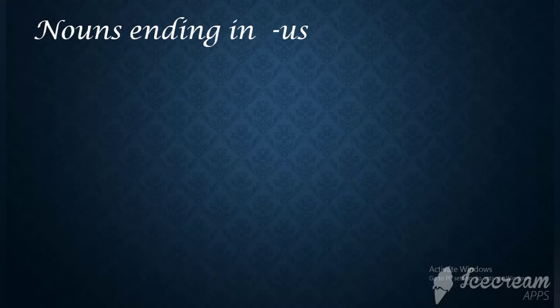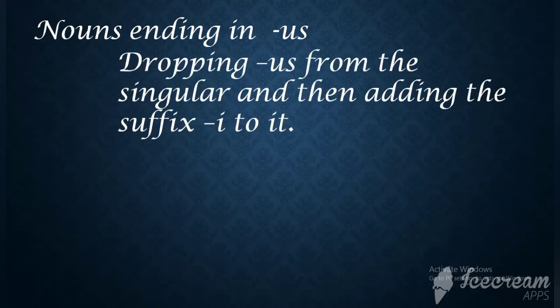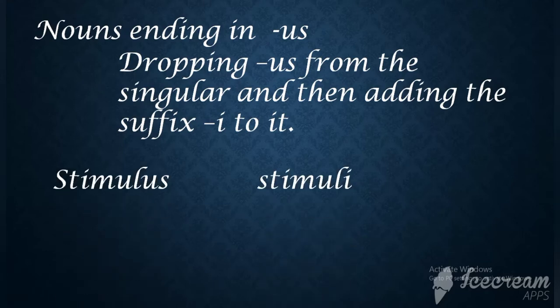Nouns ending in US. What we have to do is drop the US from the singular, and then add the suffix I to it. So see here, stimulus, S-T-I-M-U-L-U-S. It is ending with US. So we should cut the US and add I, right? So see here on the right side, you can see stimuli.